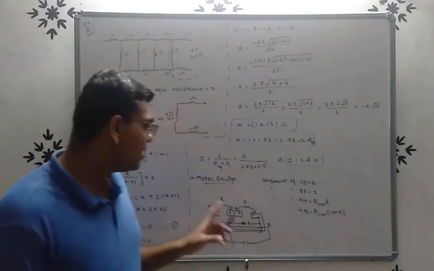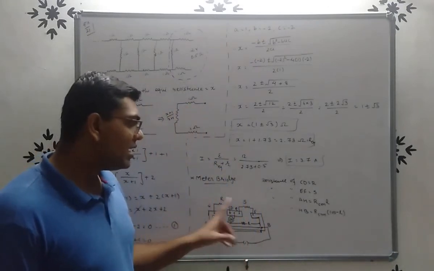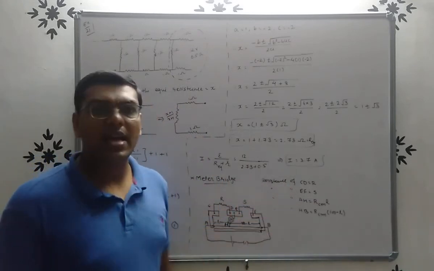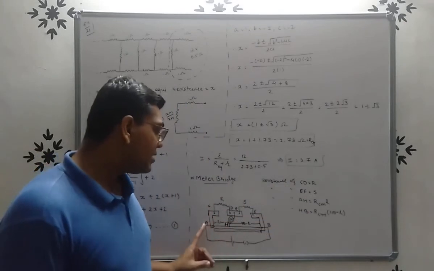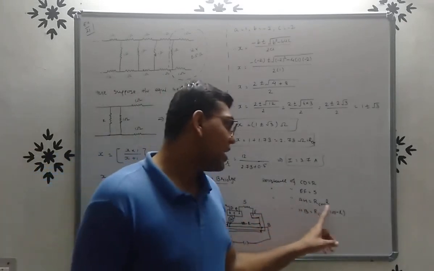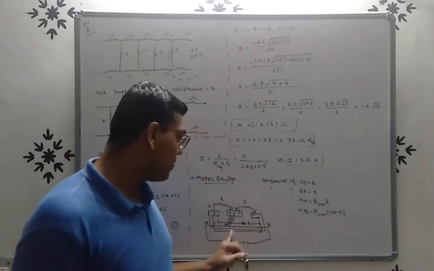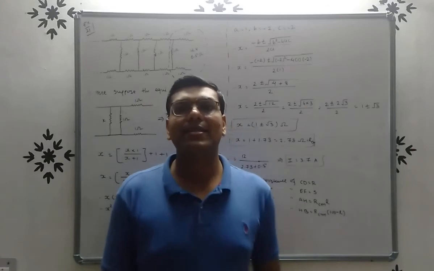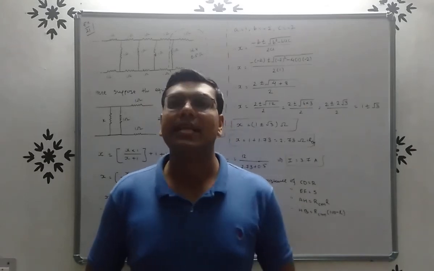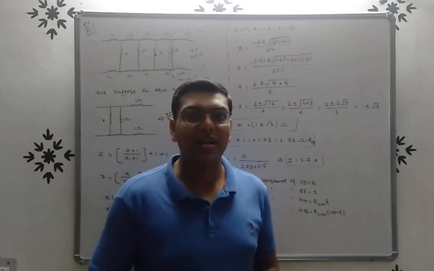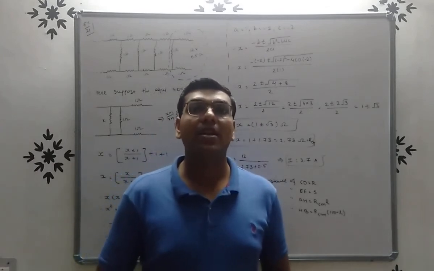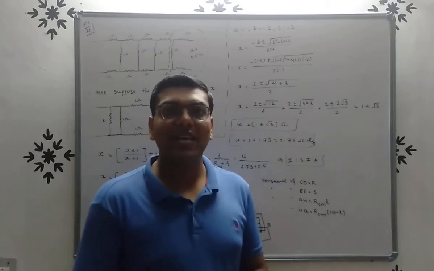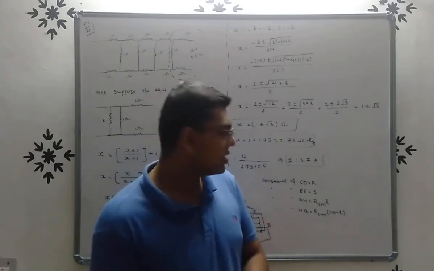So the first resistor is CD, so resistance of CD is R, resistance of EF is S, resistance of wire AH is RCM into L, and resistance of wire HB is RCM into 100 minus L, where RCM is the resistance per unit length, right? And what is resistance per unit length? RCM is equal to R by L. So length will be cancelled, so easily we get the resistance, right?